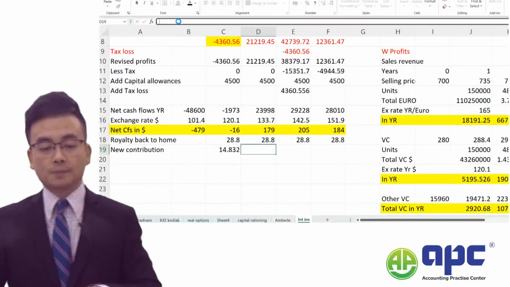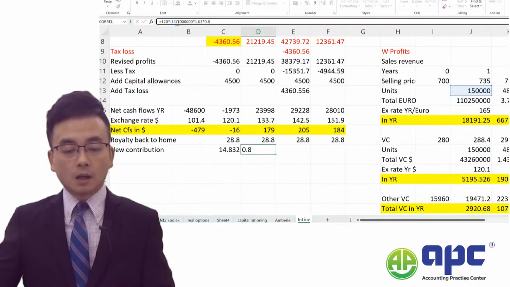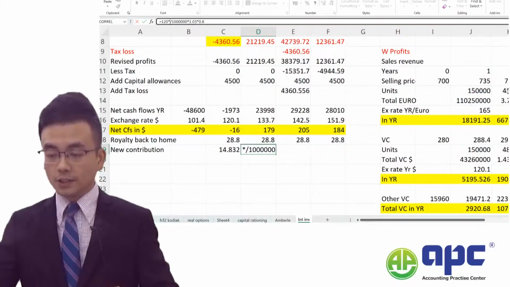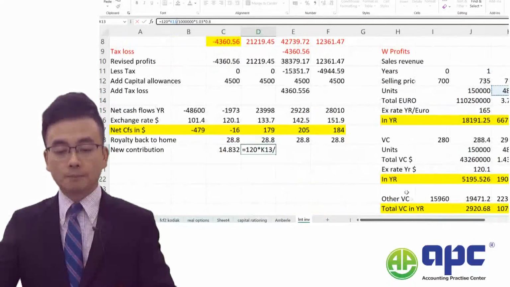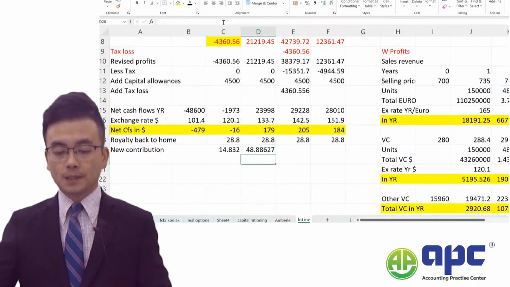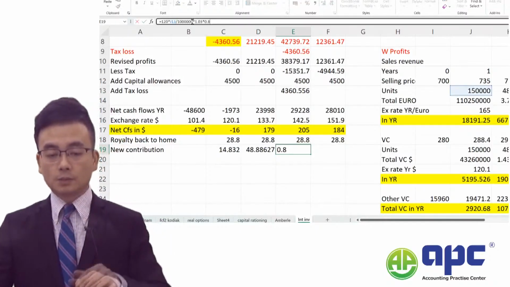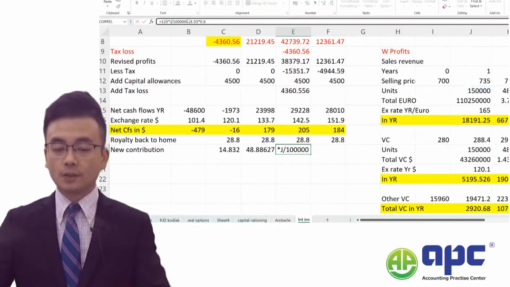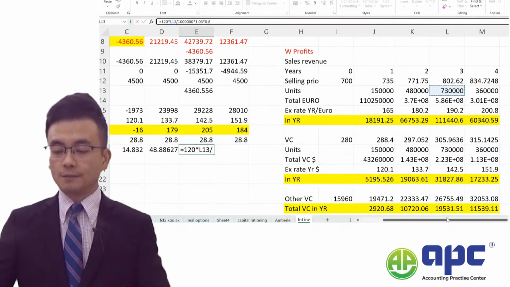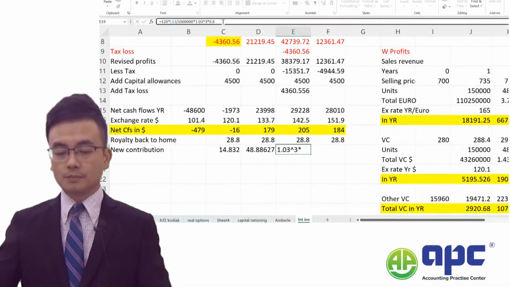How about in the second year? Of course, we change the unit to this one, 480. At the same time, for a power of 2, for the 1.03, 48.8, and then slot in the pro forma, and change the number of units, not J3 anymore, but the number of units is 730 for the first year, and for a power of 3, it's that inflation.